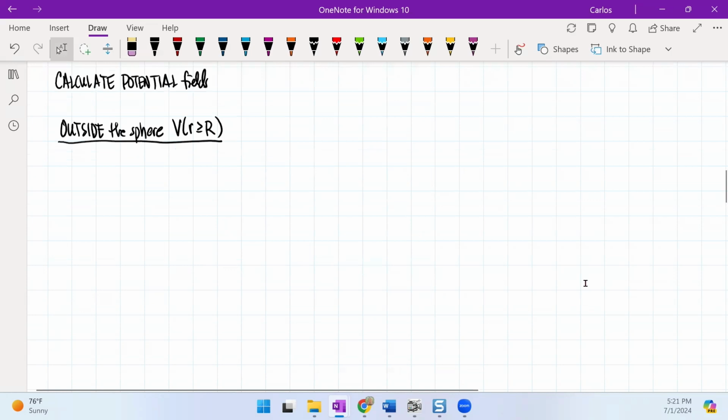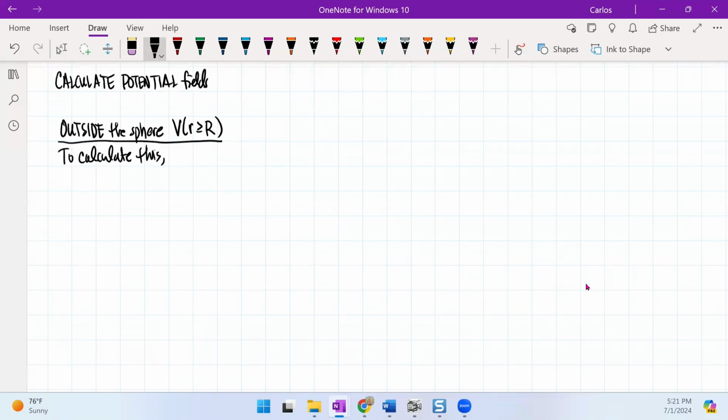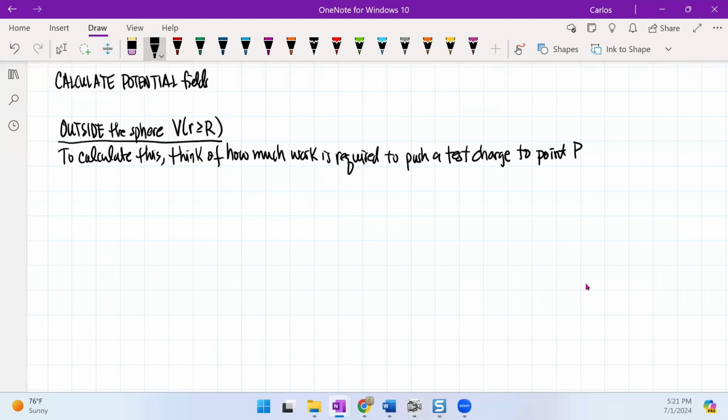So to calculate the potential, think of how much work is required to push a test charge to point P. So if I look at this, here's what I'm seeing.